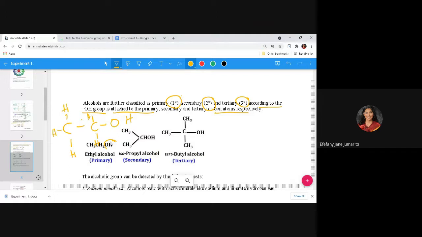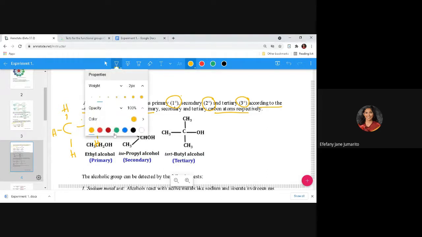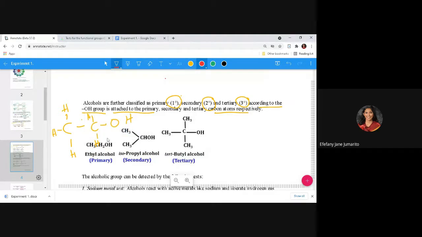Agree? If this is your ethanol, is it a primary or secondary alcohol? Yes, it's a primary alcohol because of carbon 1, carbon 2. Let's count. Your C1 has only one OH.